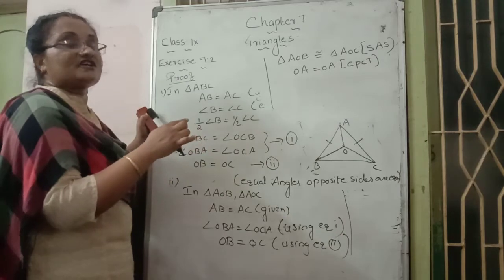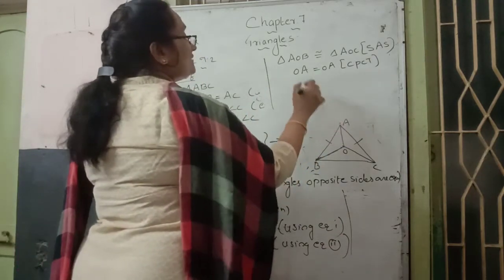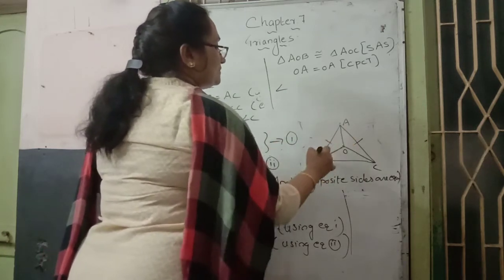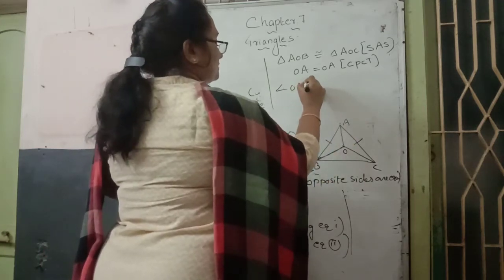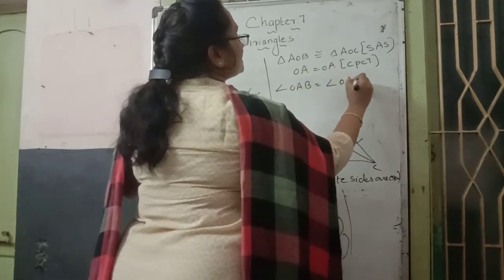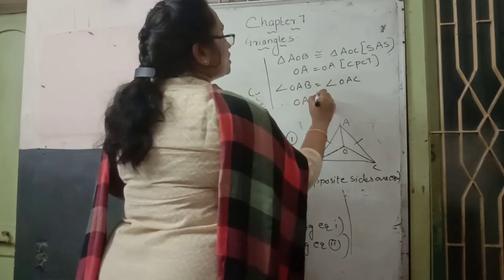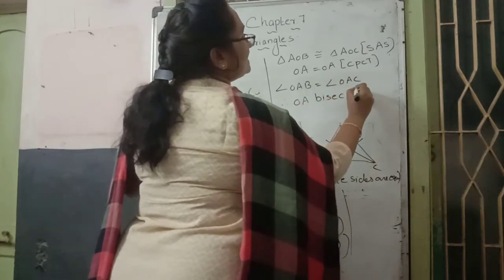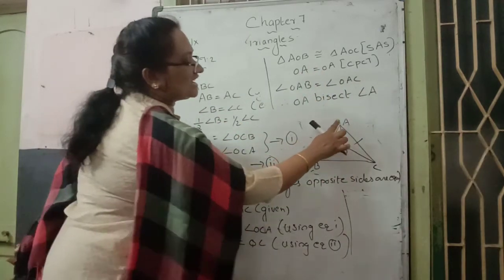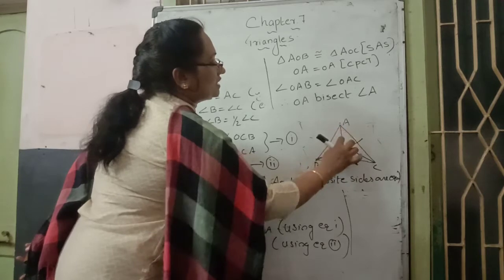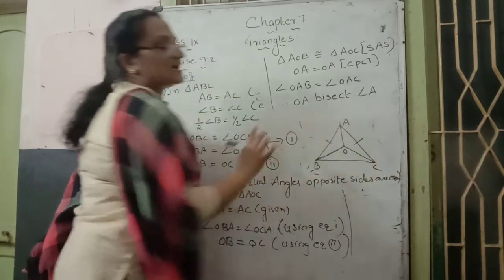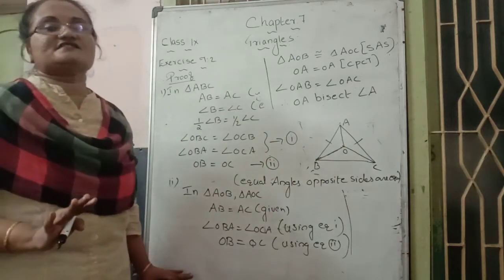Angle A. So it is bisecting angle A, forming angle OAB equal to angle OAC. Therefore, OA bisects angle A, dividing it into two equal angles, OAB and OAC. I hope you can understand this problem.